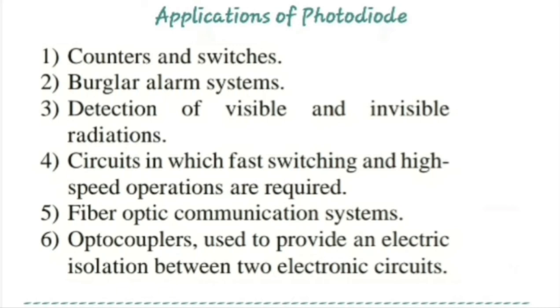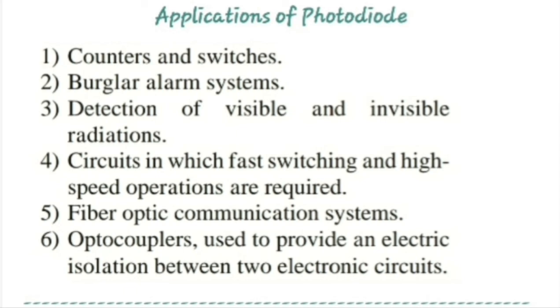We can also use photodiode in detection of visible and invisible radiations. When these radiations fall on the surface of the photodiode, the change in intensity of light gives the value of dark current, and it results in the output. On the basis of that output, we can detect the change in radiations.